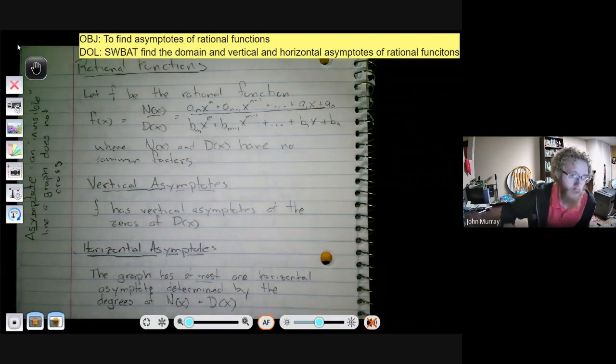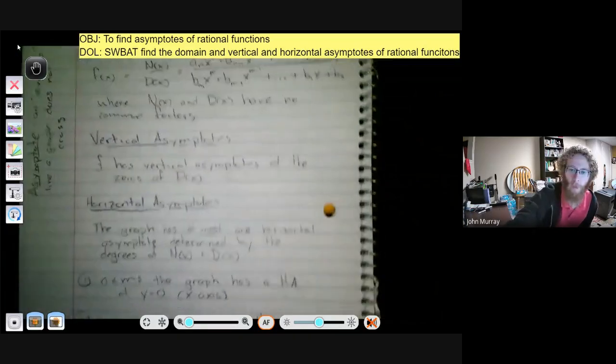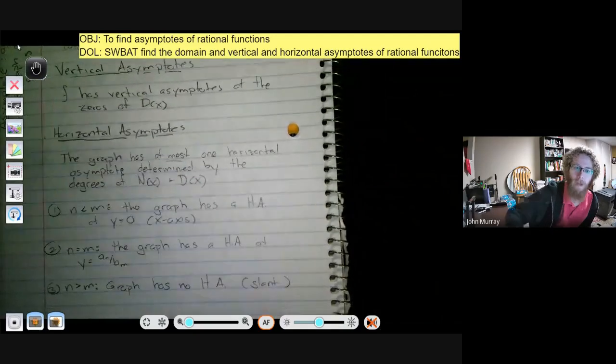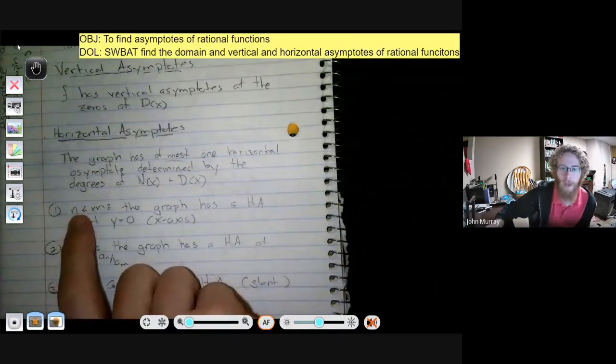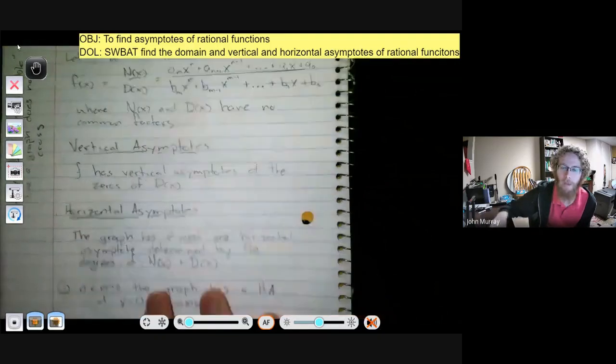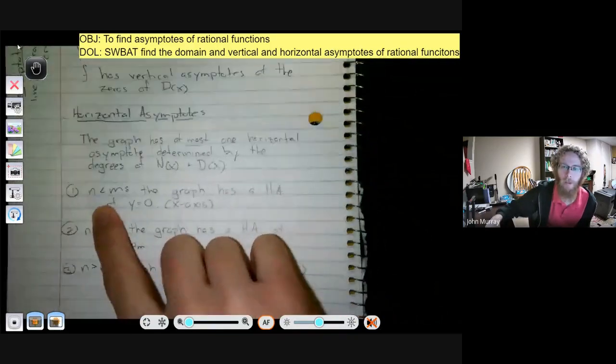We have three different situations. Here n is the degree of the numerator, and m is the degree of the denominator.